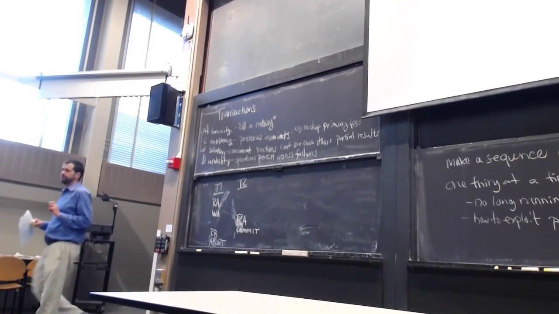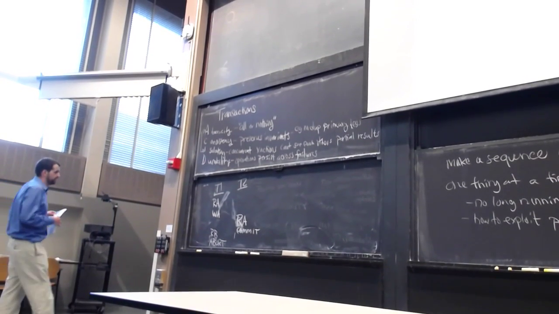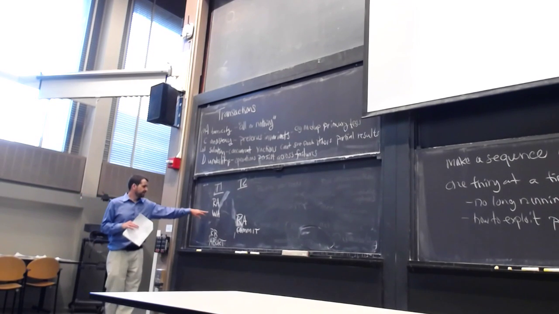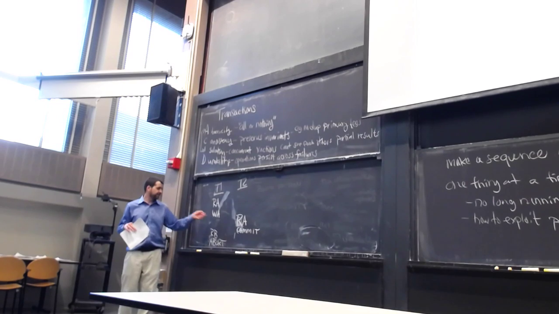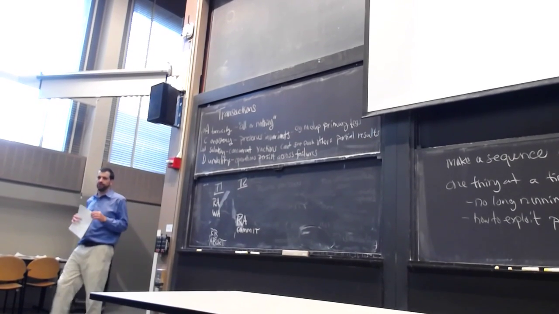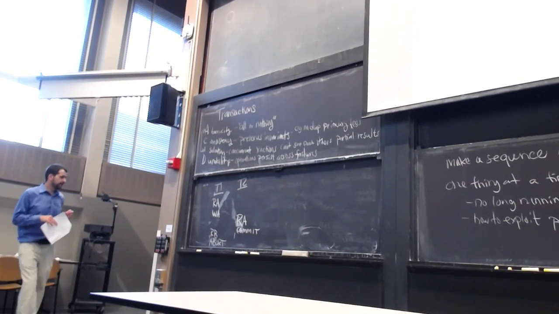By the definition of conflict serializability, this schedule is serializable, because the only conflicting operations are between this write of A and this read of A, and all the operations of T1 precede all the operations of T2.